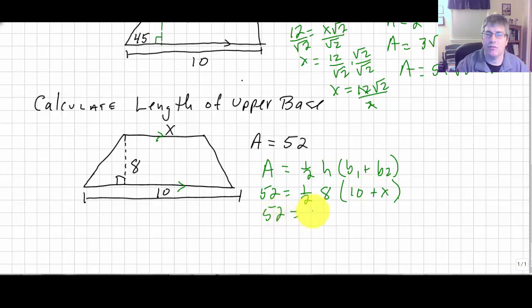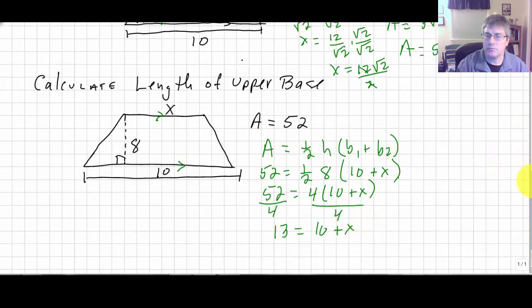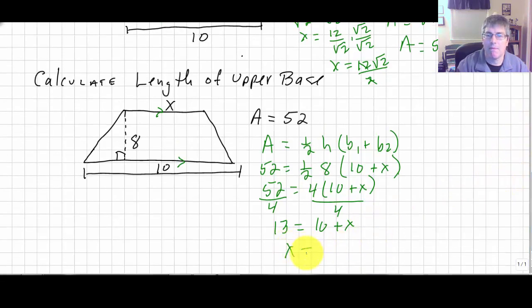So 52 equals 4 times (10 plus x). I can divide by 4, and 52 divided by 4 is 13. 13 equals 10 plus x, and we get x equals 3. So we calculated our upper base. Our upper base is 3.